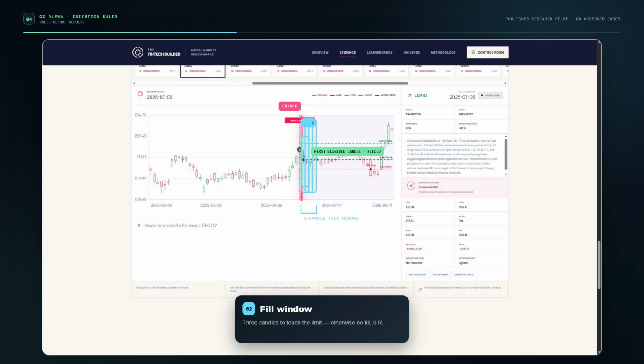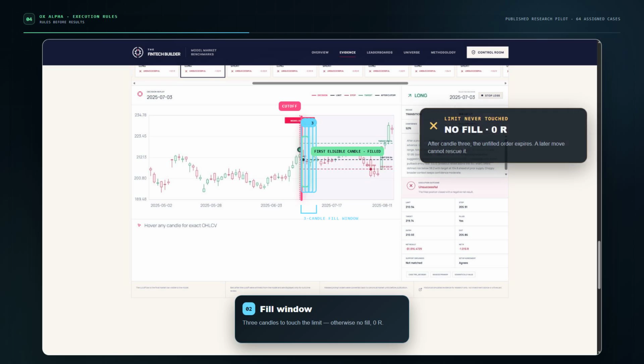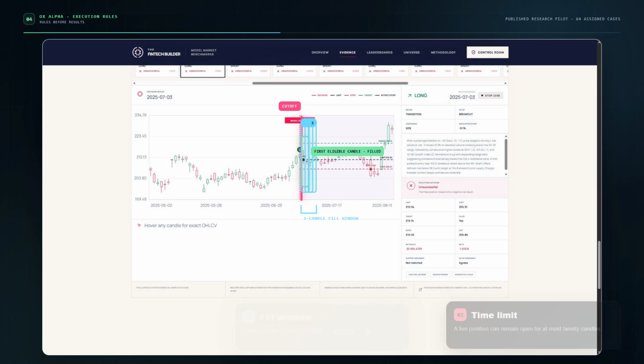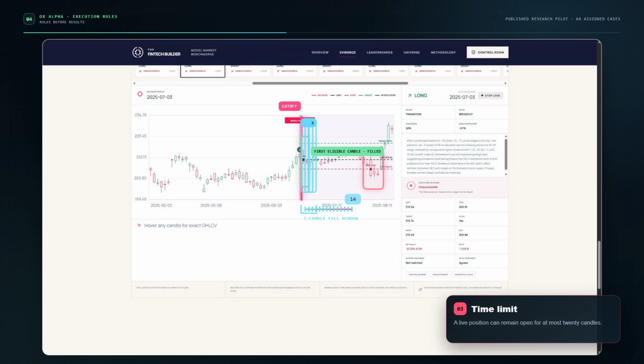Any limit order has a strict 3-candle window to get filled. If price never touches the limit price, it's recorded as no fill with 0 return. And rule number 3, the time limit. Once a trade is live, it can only stay open for a maximum of 20 candles.